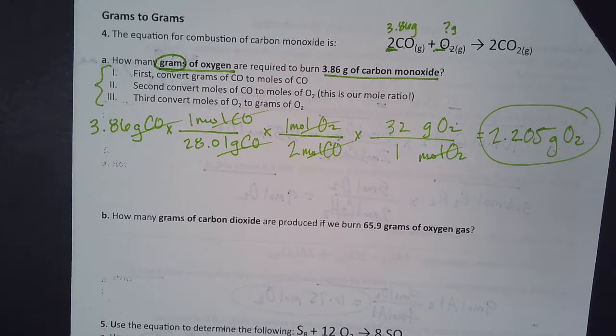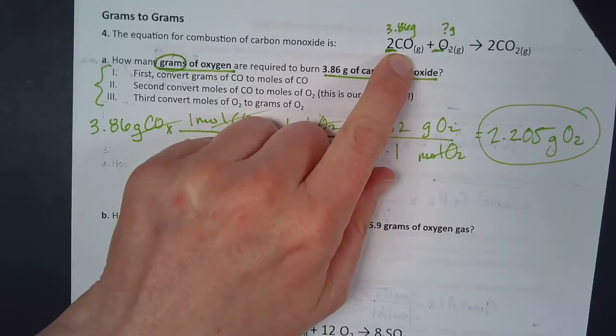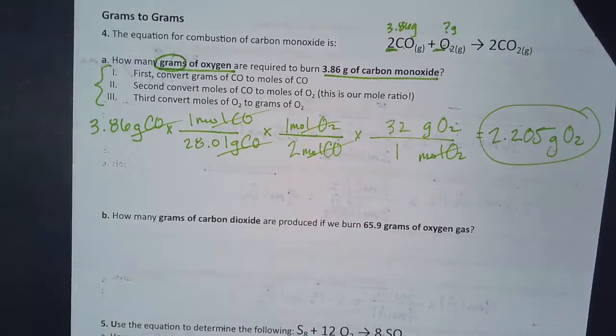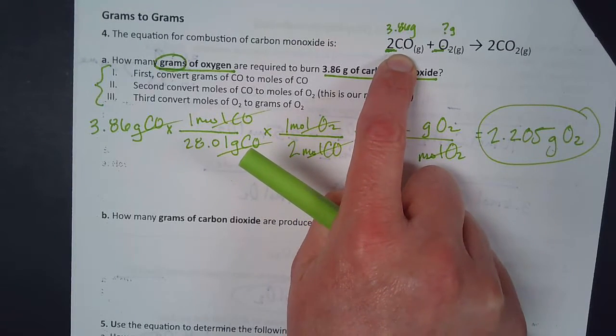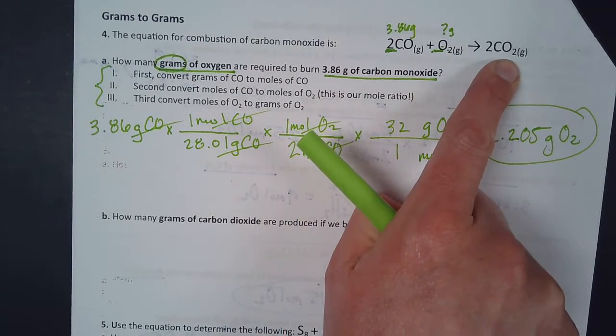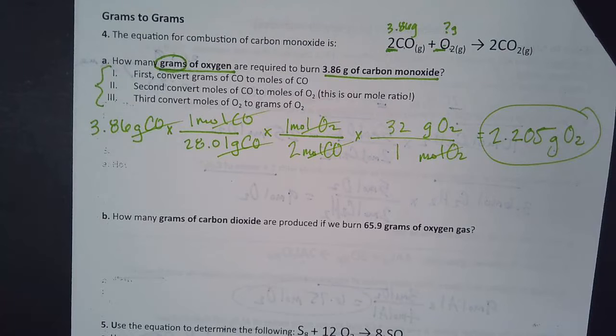It is a beautiful thing, people. You now know you could have 20 grams of this and figure out how many grams of oxygen you're going to need, or you could have 0.5 grams of this and figure out how many grams of carbon dioxide you're going to produce. It's all converting.